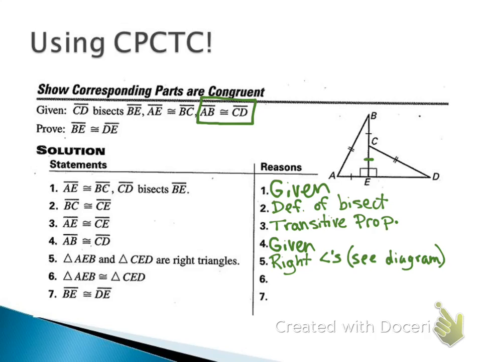The next thing that we have over here in our statement column is that triangle AEB is congruent to triangle CED. So look at each of those triangles. How do I know that they're congruent? They're right triangles. AE goes with CE. AB goes with CD. So I know they're right triangles.